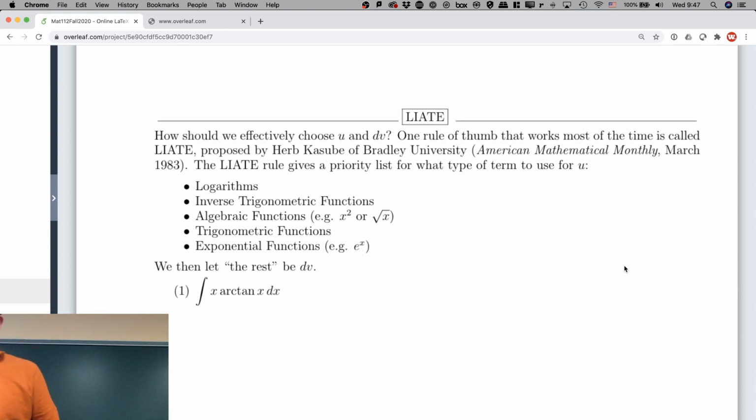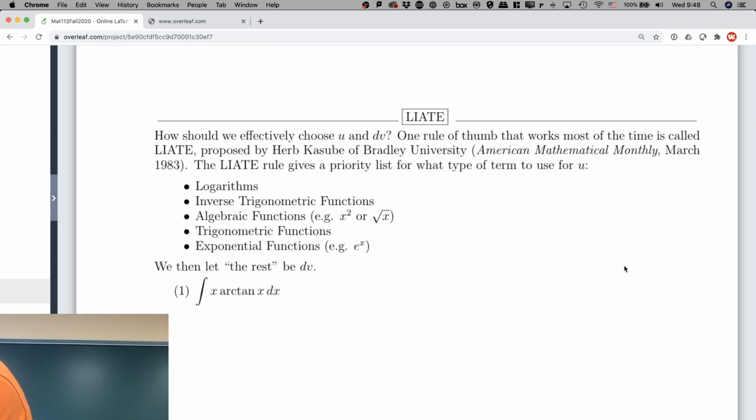Okay, so LIATE. Your priority list is given by this mnemonic, and you're going to work your way from the top to the bottom. And what this stands for is logarithms, inverse trig, so that's going to be like arctangent, arcsine, those guys.